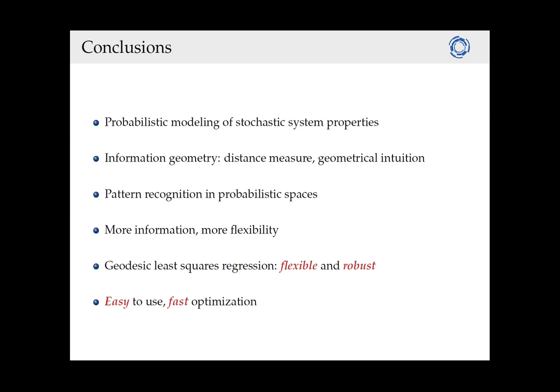Well, that is a combination that is relatively unique in regression analysis, and hence the hope is that our method of geodesic least squares is going to be used more by practitioners in the field as a much more robust alternative to ordinary least squares for important regression problems. Thank you very much.